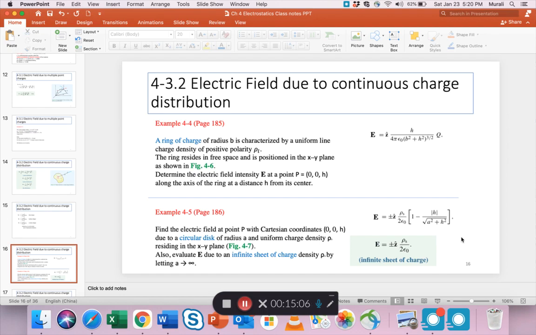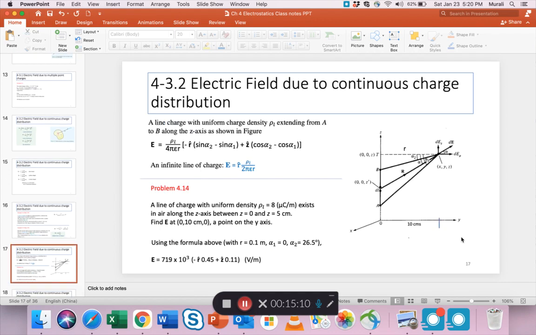All right, with that I will move on to another example, 4-14 from the back of the chapter.